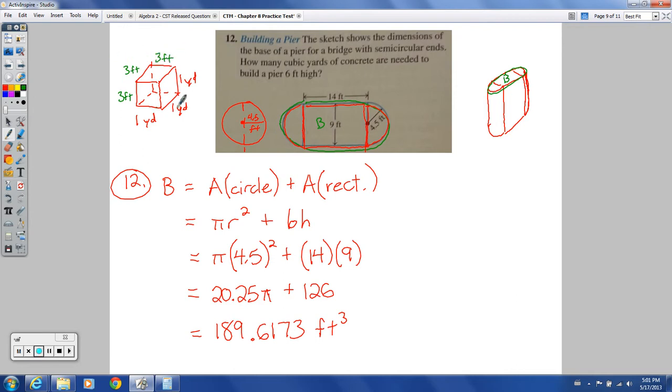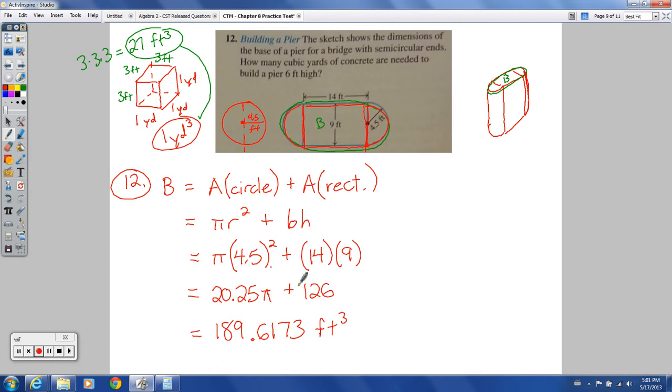So 1 cubic yard, 1 times 1 times 1, length times width times height, equals 3 times 3 times 3, or 3 cubed, which is 27 feet cubed. So every 1 yard cubed is equivalent to 27 feet cubed.